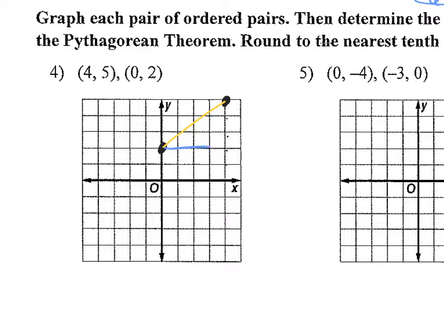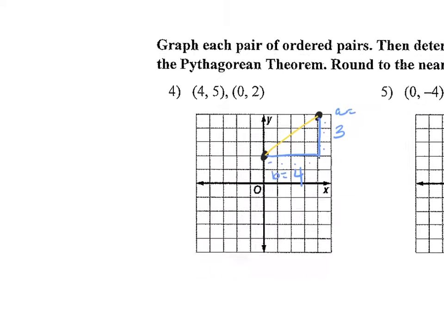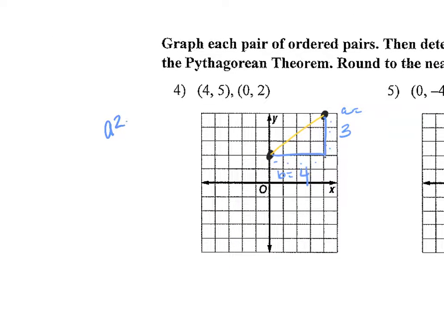Okay, so I'm going to make a triangle. And then count your legs. 1, 2, 3. 1, 2, 3, 4. So A is 3, B is 4. And use that formula. So A squared plus B squared equals C squared. So 3 squared plus 4 squared equals C squared.